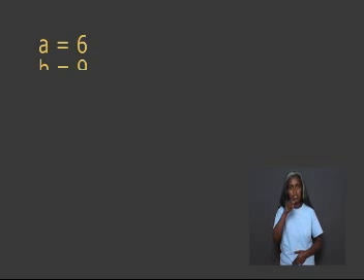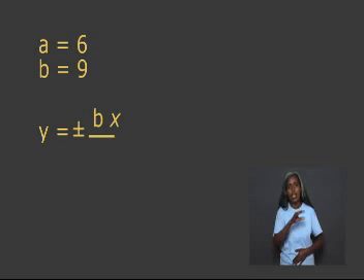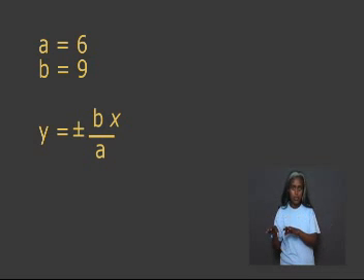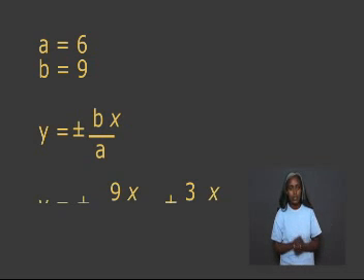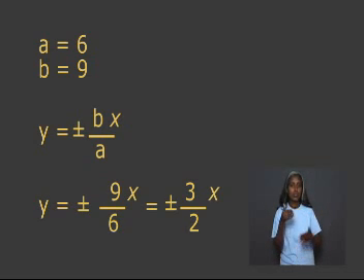To find the equations of the asymptotes, we simply take the values of a and b, which are 6 and 9, and substitute them into the equation. So the equations of the asymptotes are y equals plus or minus 3 over 2 times x.